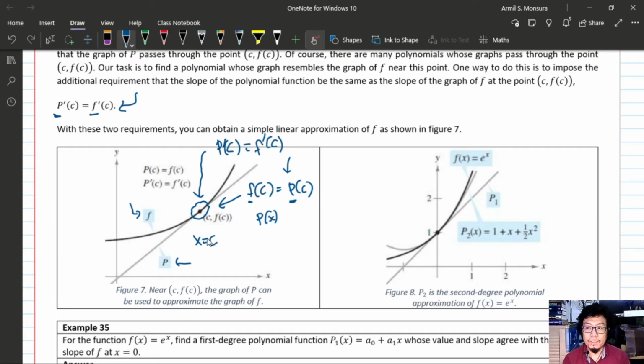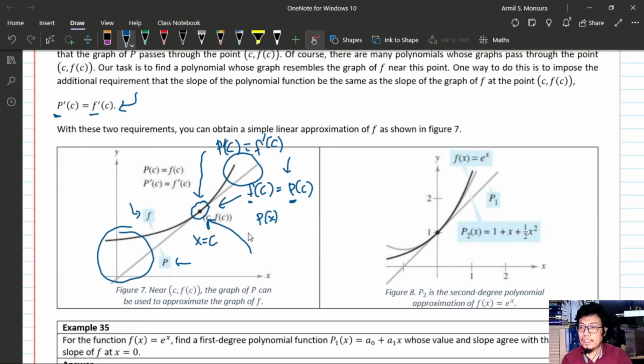It doesn't matter what it looks like outside of it. It doesn't matter whether they have different shapes here or here. What matters is that they have the same shape, at least near this point.